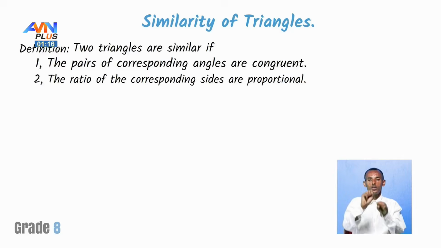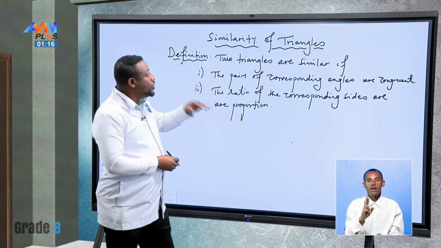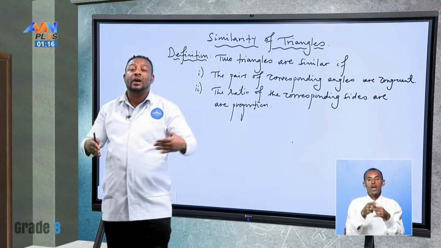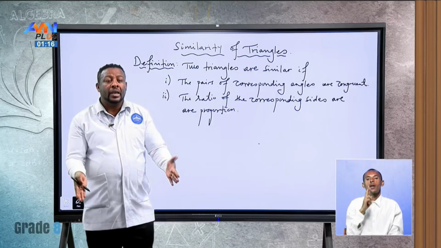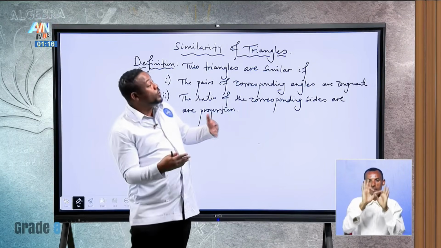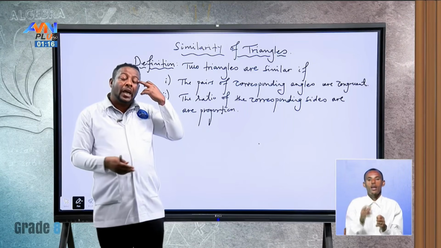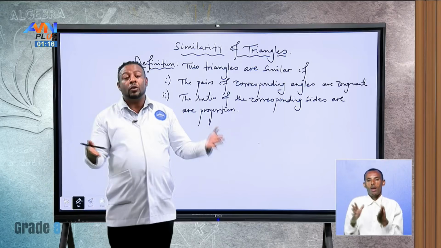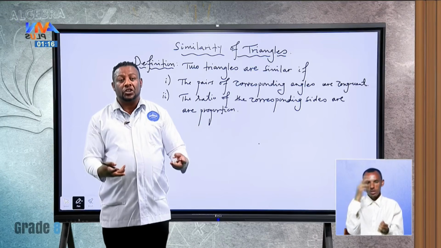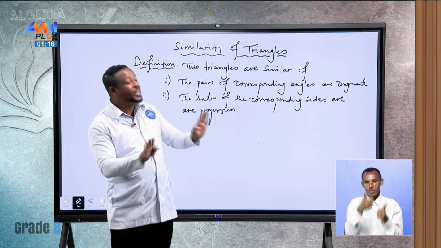So these two are the conditions to say that two triangles are similar. Okay, if you see the definition of similarity of triangles and similarity of a polygon are similar, in both cases we have two conditions which are similar, right?